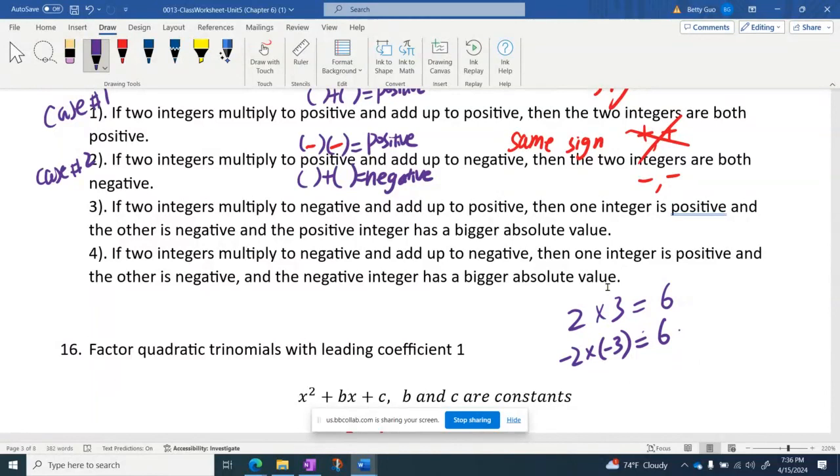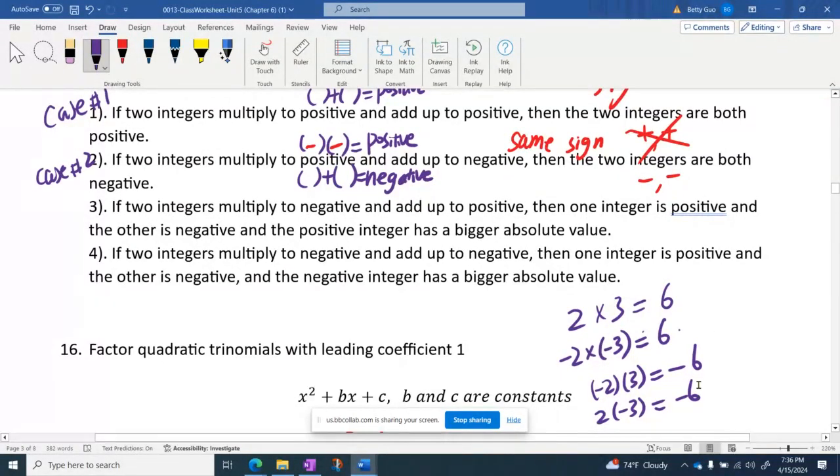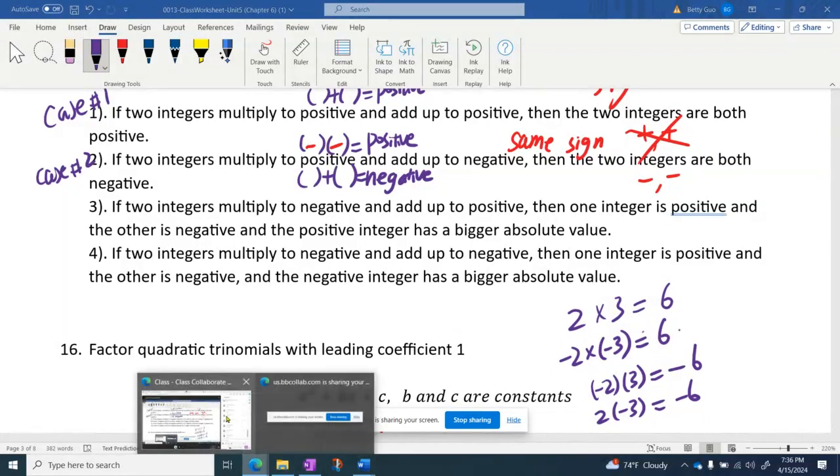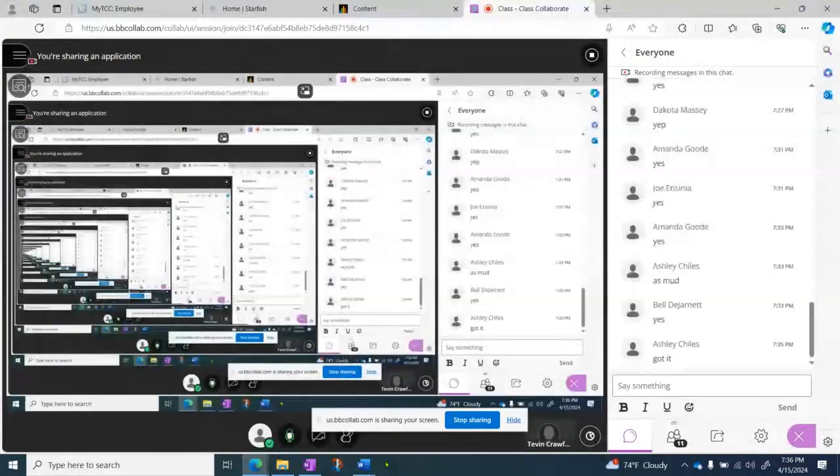But if one is positive, one is negative, for example -2 times 3 or 2 times -3, they will give us -6. So firstly, we need to understand that when it comes to multiplication, if the two numbers have the same sign, either both positive or both negative, then they multiply to a positive number. If they have an opposite sign, one positive and the other negative, then their multiplication must be a negative number. That should be clear, right? Yeah, that should be clear.